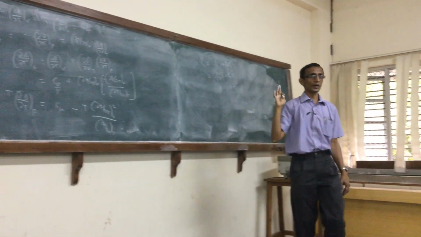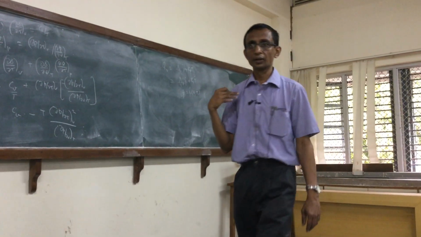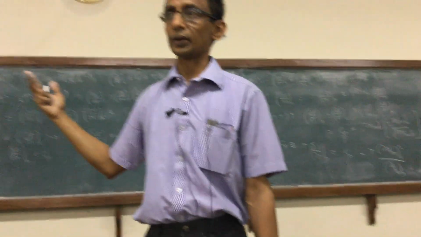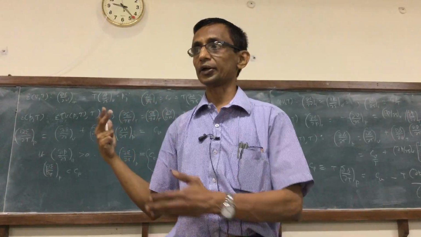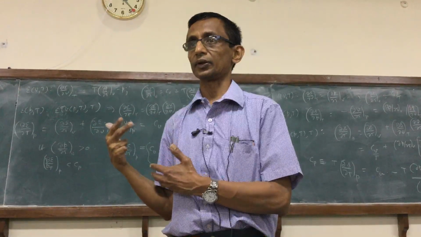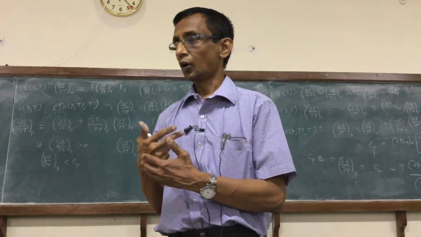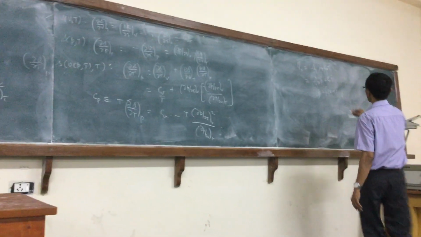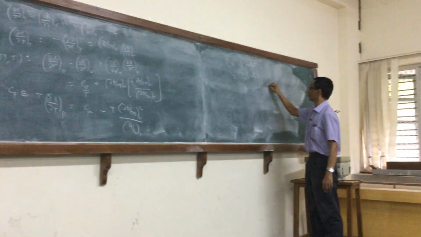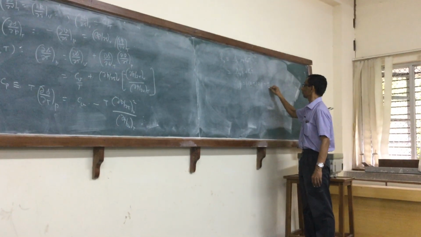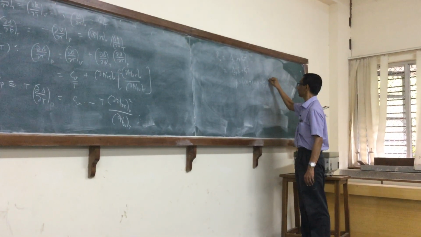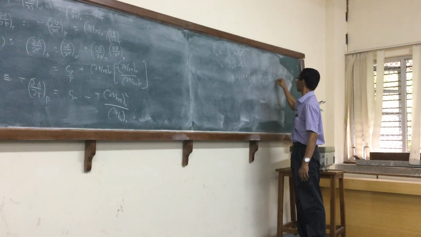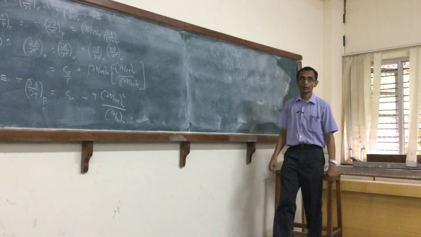To establish the connection between these, they are not independent quantities. They would be independent if there were no relation between P and V, but we assume that the pressure is related to volume and temperature by an equation of state, and such an equation of state exists for all substances. So if I use that, then clearly dP/dt is dP/dV times V dot plus dP/dT times T dot.